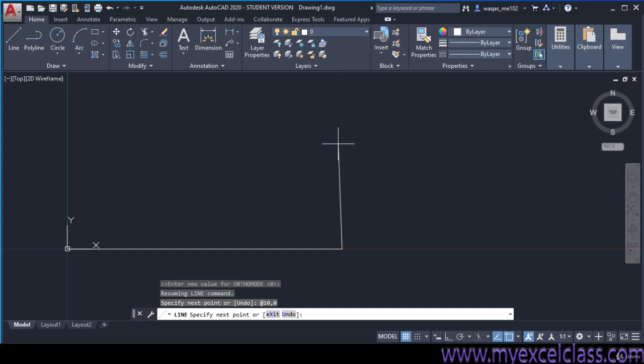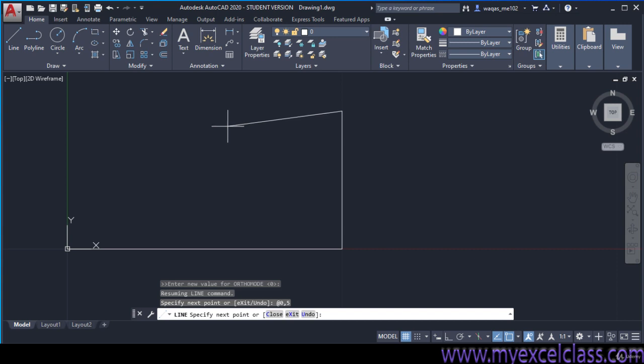So next, what will be the next coordinate? That will be 5 on the y-axis. But in the relative coordinate system, how can we write it? We write it in the relative way. Here, the x-axis will not be 10. The x-axis will be 0, and y will be 5.